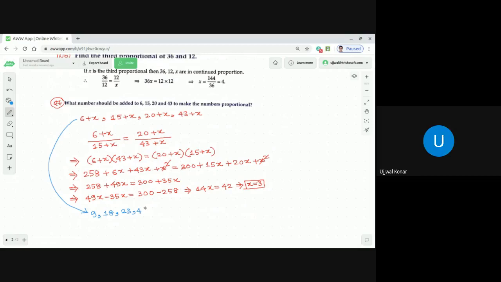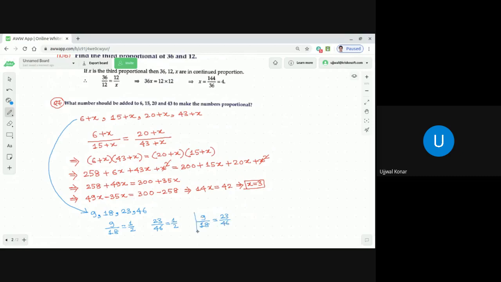Now what is 9 by 18? 9 by 18 is 1 by 2, correct? And what is 23 by 46? That is also 1 by 2. So what do we get? We see that 9 by 18 is equal to 23 divided by 46. Correct, no?